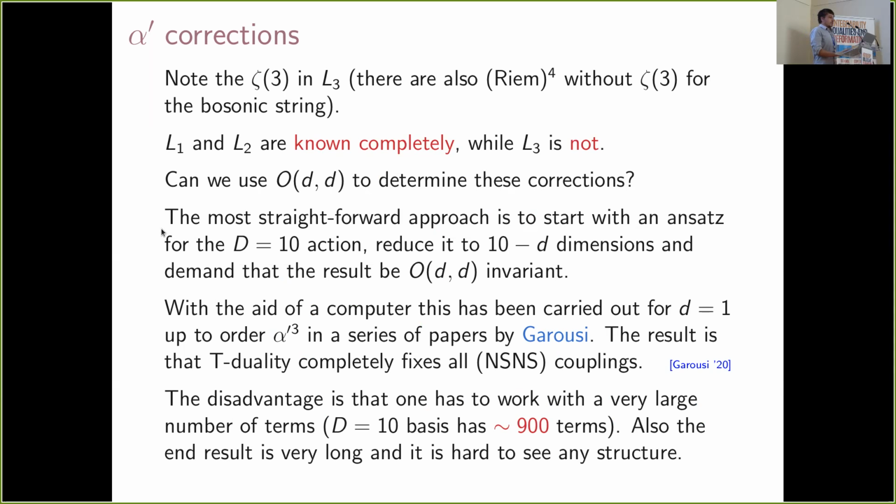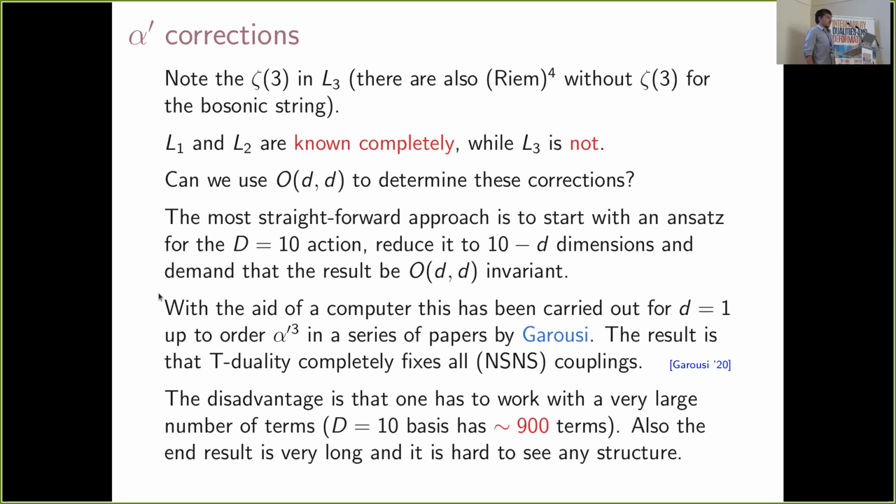Now, if you want to use O(D,D) instead to compute these corrections, maybe the most straightforward approach is to just start from an ansatz for the 10-dimensional action at the order of alpha prime that you're interested in. And then you reduce it to 10 minus d dimensions, and you demand that the result should be invariant under O(D,D).